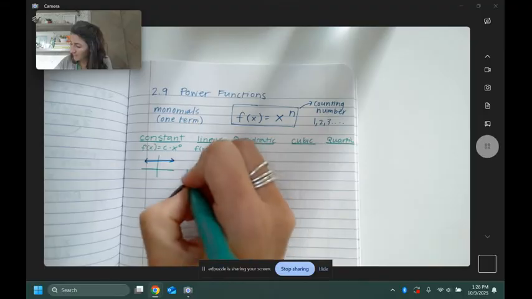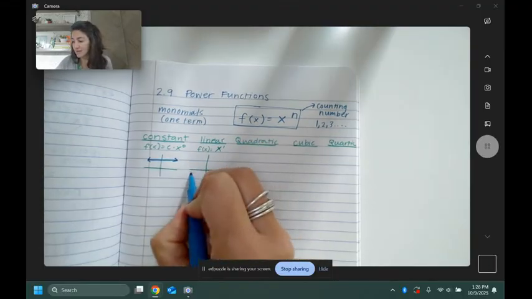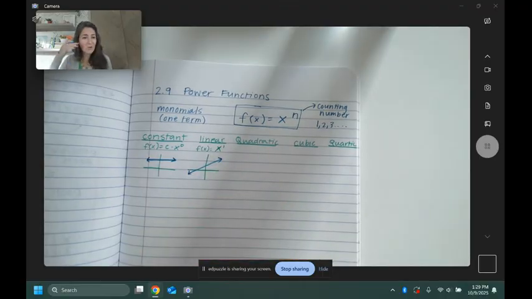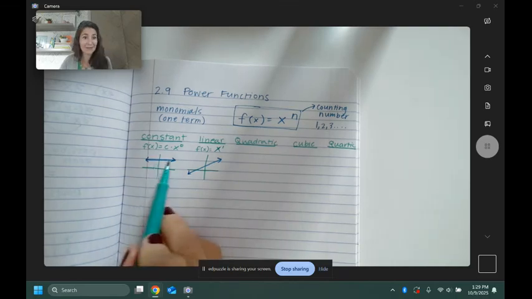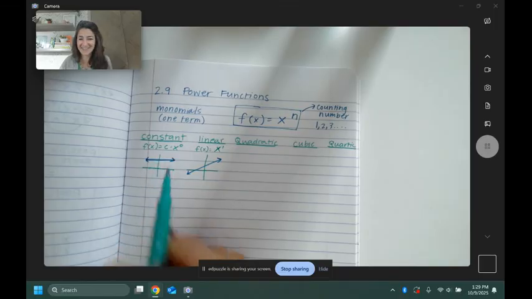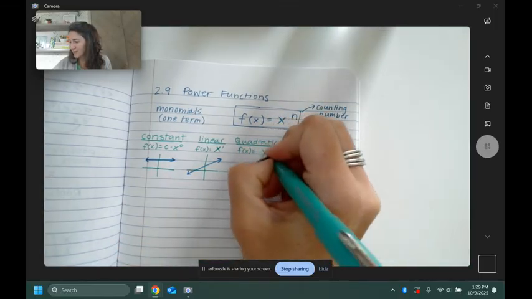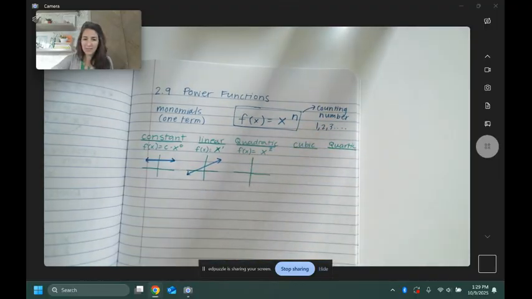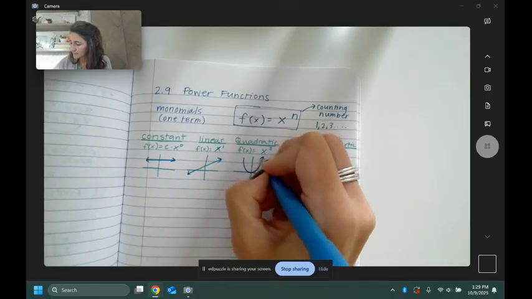The graph for a linear function will be a diagonal line, and it can have a positive slope, a negative slope, not an undefined slope, and not a slope of 0 because that's the constant. Quadratic, we've been spending a lot of time with. That's x squared. So the quadratic function makes a U shape like this.